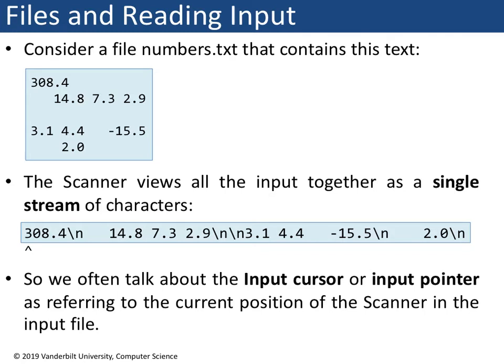So then when we begin to read from this input stream, we'll talk about the input pointer. And that's referring to the current position of the scanner in the input file. So when we first open the file with the scanner object, the input pointer is going to be pointing at the very first thing in the file.